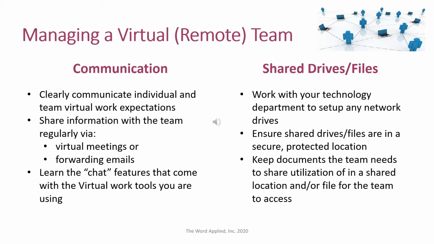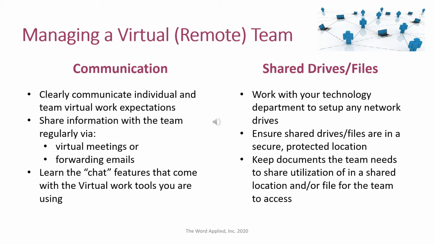The other thing is sharing information with the team regularly, and you can do this via a virtual meeting. It can be a couple of bullet points in your virtual meetings that you have with the team, or you can also make sure that if there are emails of importance that you're forwarding it. And if you do forward emails, consider who needs to see it.